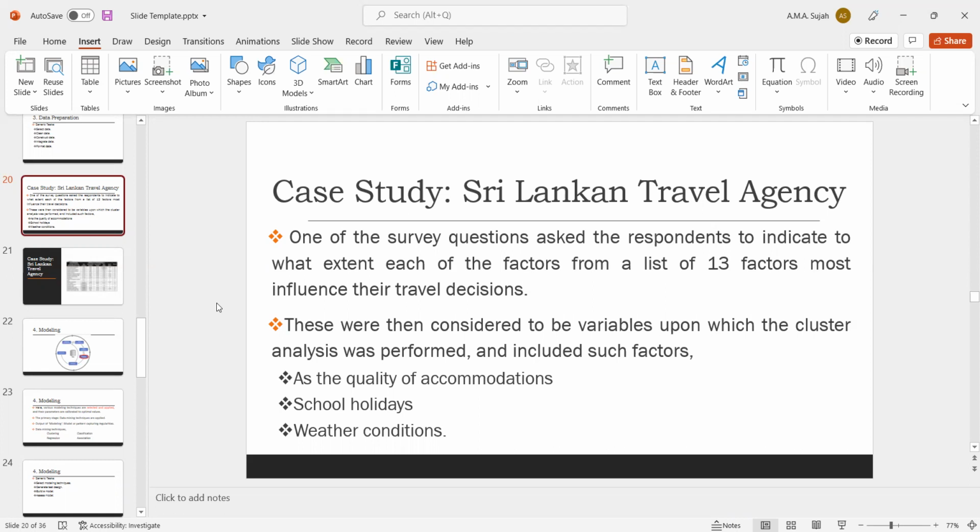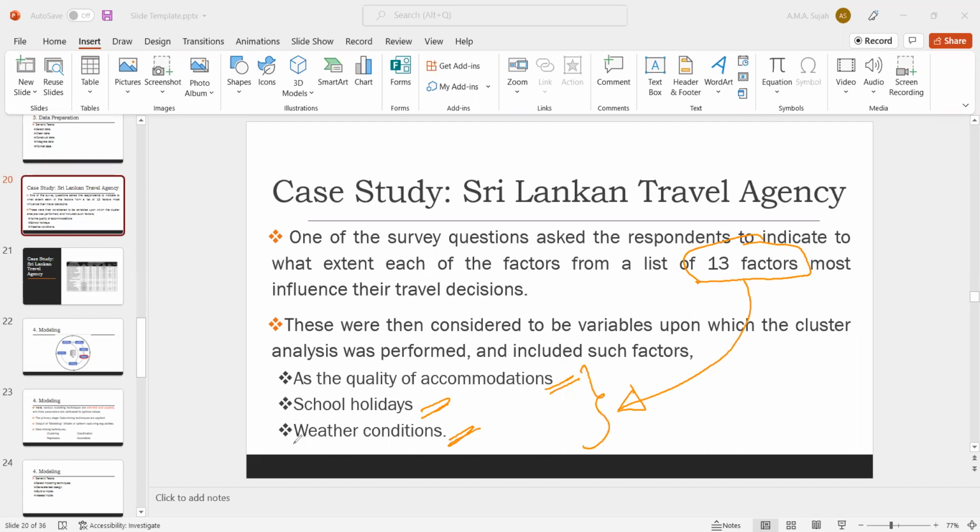From this case study, they found the quality of accommodation matters. Most of the tourists check the quality of the accommodation, the quality of the place, whether they have air conditioning. All those things they considered. Also, some factors they decide based on school holidays and weather conditions. From these 13 factors, they find some specific factors that are highly correlated with the tourist decisions.